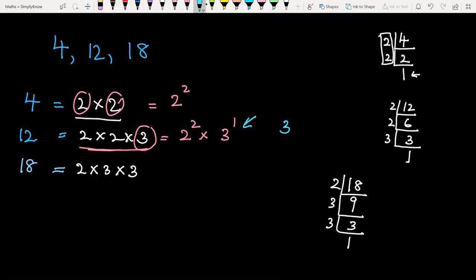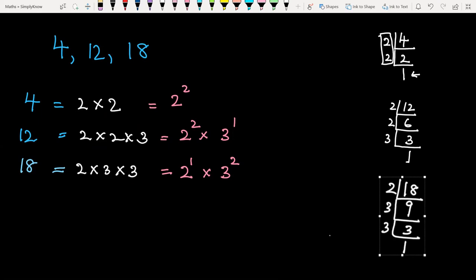Anyhow, I will keep this one so you can understand better. Now, what about this product? When we write this as a product of powers, we got only one 2, so just 2 or 2 to the power 1, times we have two 3s, so 3 to the power 2.